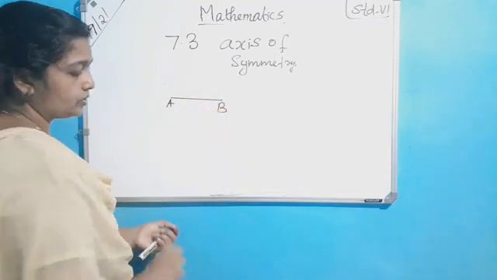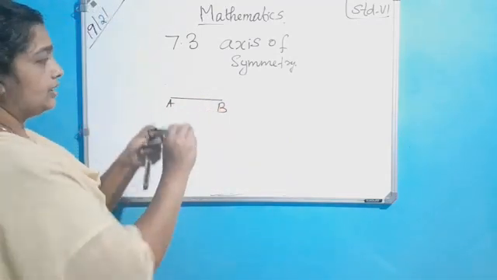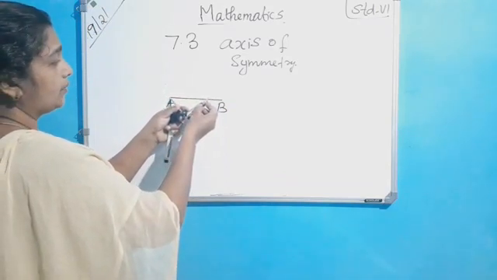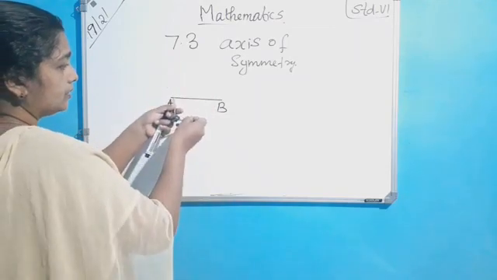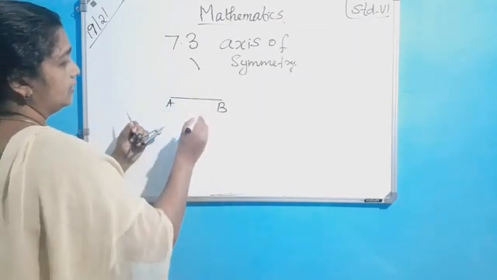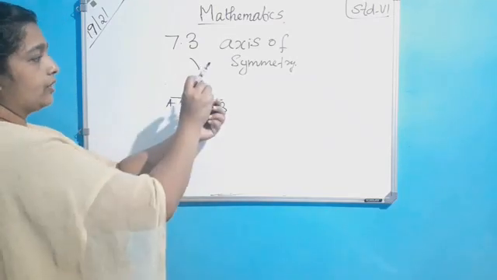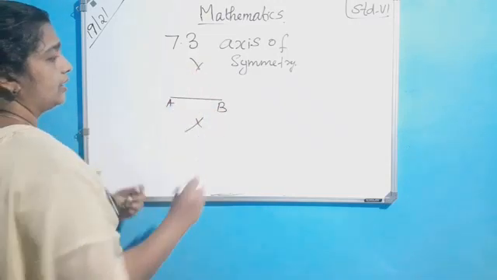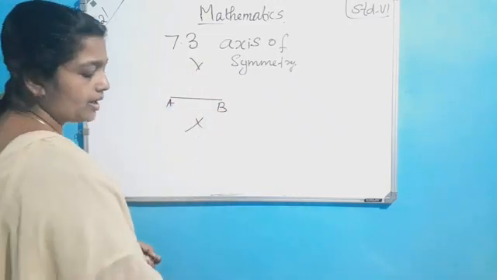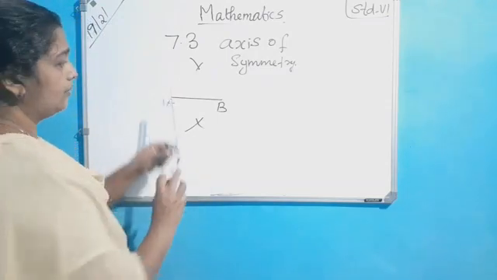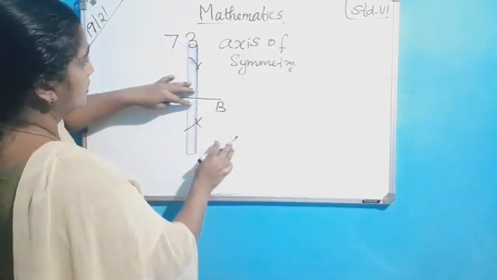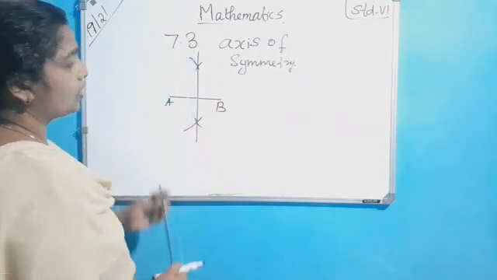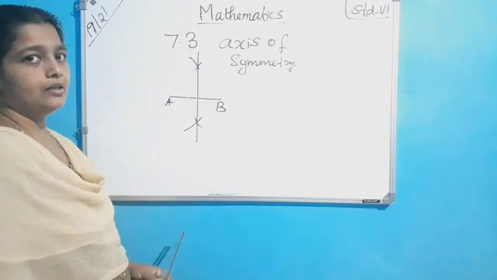Next, take the compass, take more than half of the line segment, and cut an arc up and down. Using the same measurement from B, again cut an arc. This is the correct step. You must do it this way only. Then using the scale, draw the straight line. This is the axis of symmetry.